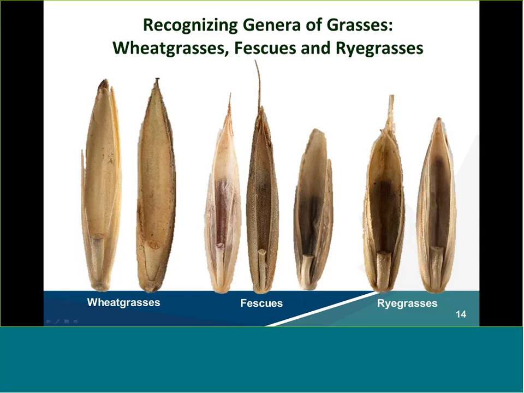Now, the rachilla is prominent in all of the Poaceae and is used, obviously, as I said, as an information point. The shape of it stands out the most to me. The length can be a feature, but it tends to be really variable depending where that floret was in that little alternating stack that I showed that diagram of at the beginning of the webinar. I'm noticing that wheatgrasses and ryegrasses have a thick rachilla.